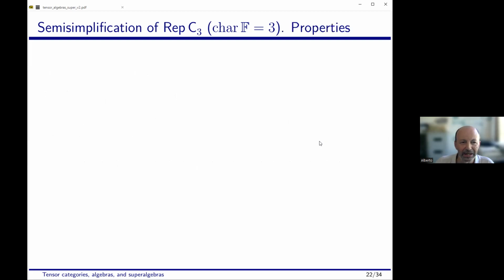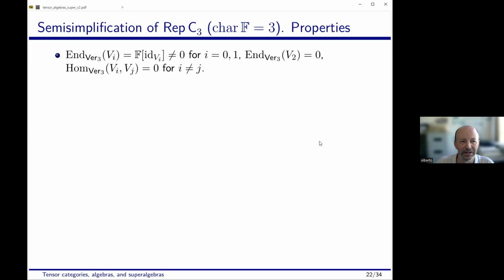Okay, now we semi-simplify. And when we consider the semi-simple category, this is the Verlinde category, the indecomposable objects V0 and V1 satisfy that the endomorphisms in the new category are just the scalar multiples of the class, modulo negligible endomorphisms, of the identity.